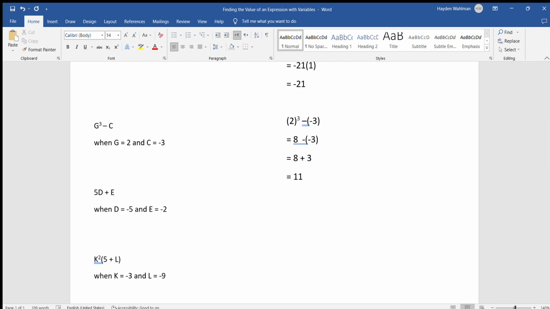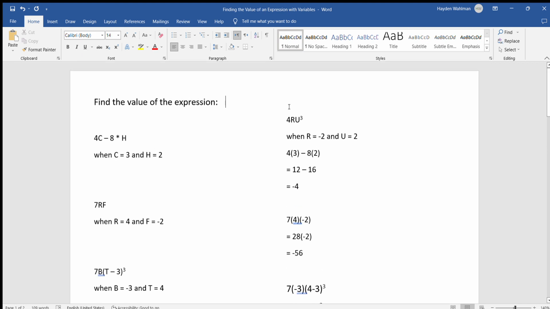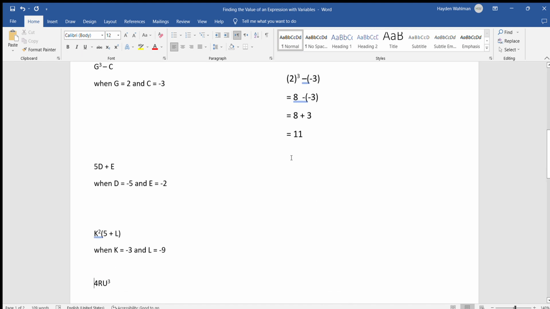Okay, next one, 5d plus c. So we have 5 times negative 5 plus negative 2. So first thing we do, brackets. There's no brackets. Second one is indices, no indices. Third one, multiplication.